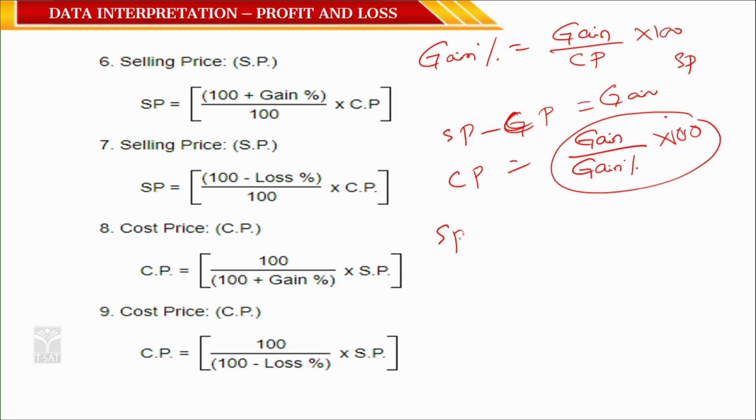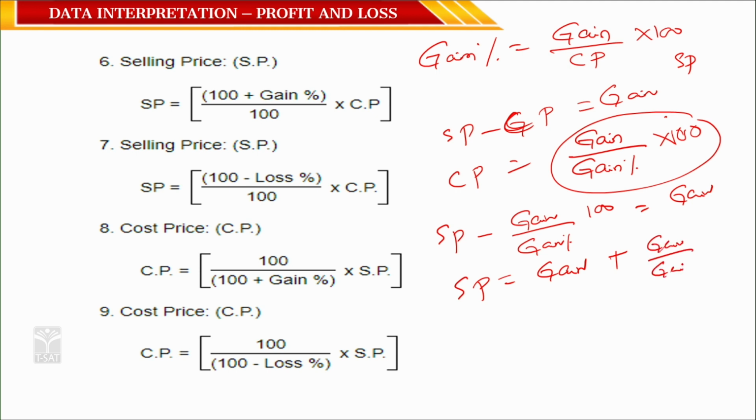So, selling price minus gain by gain percentage into 100 is equal to gain, so selling price is equal to gain plus gain by gain percentage into 100.